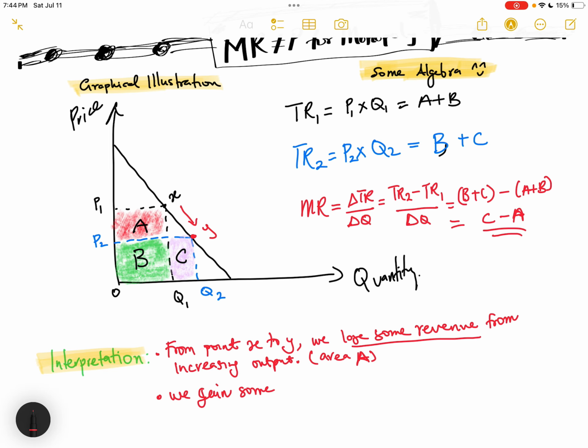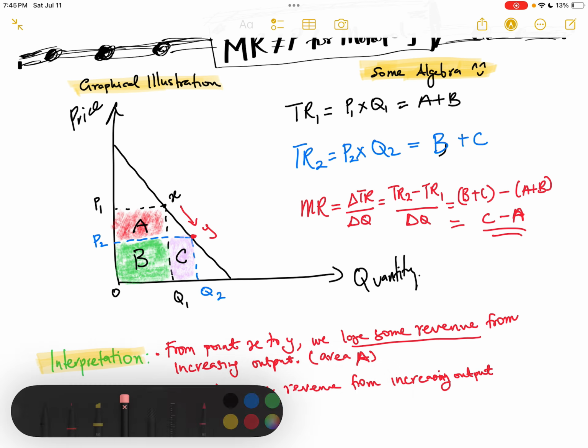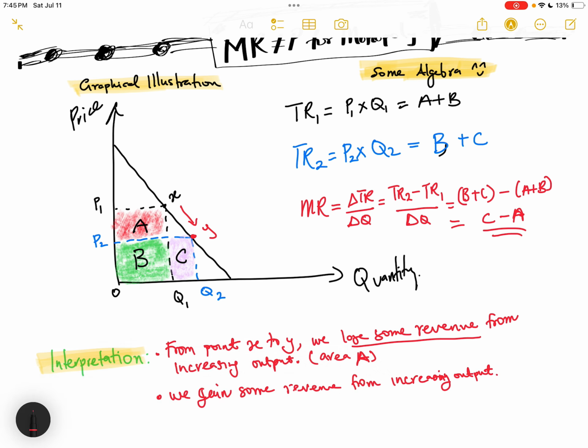You guessed it, we gain area C. We gain some revenue from increasing output from Q1 to Q2. And that is area C. Cool.